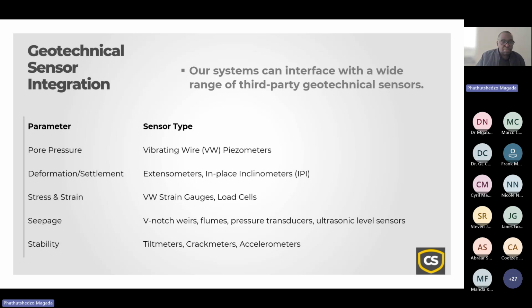When we talk about deformation or settlement, we need inclinometers. For stress and strain, we have VW strain gauges and load cells. For stability, we have tilt meters, crack meters, and accelerometers. These are the sensors that are mostly applicable in geotechnical monitoring, and in particular dam monitoring.